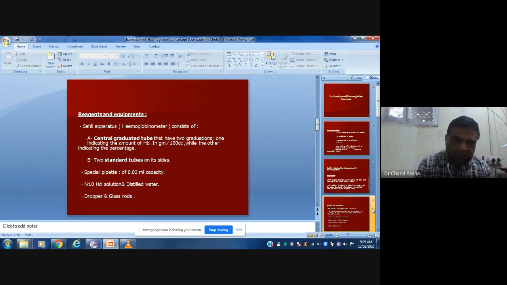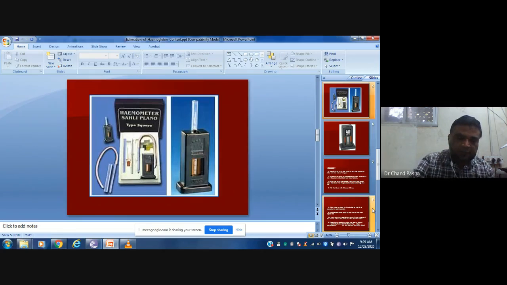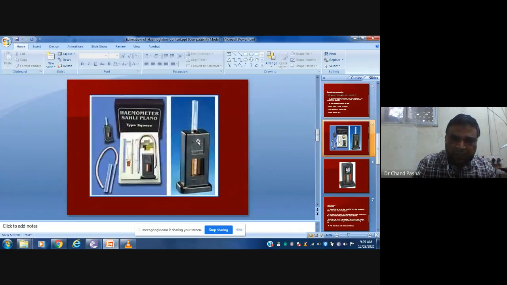hemoglobin content in it. So what we'll be doing, you'll be having a central graduated tube here. This is the central tube. I'll show you the experiment part also. This is a graduated scaled tube, and two standard tubes on the sides.